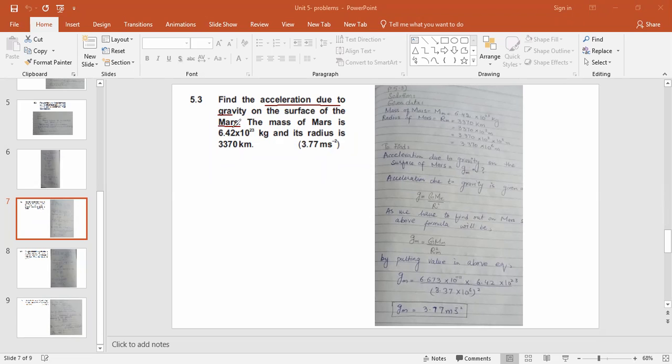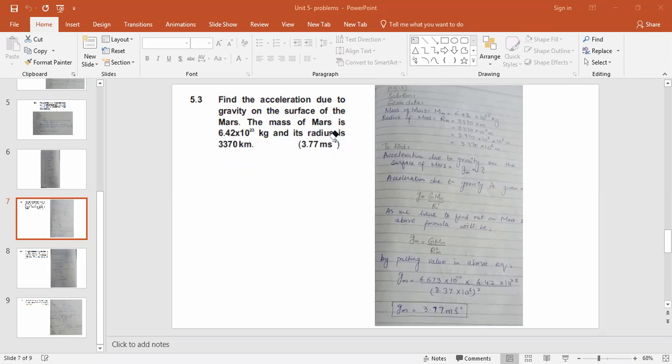And the mass of Mars is given to us, which is 6.42 into 10 raised to power 23 kg. This is the mass of Mars, and the radius of Mars is 3370 kilometer, right? This is the data that is given to us.